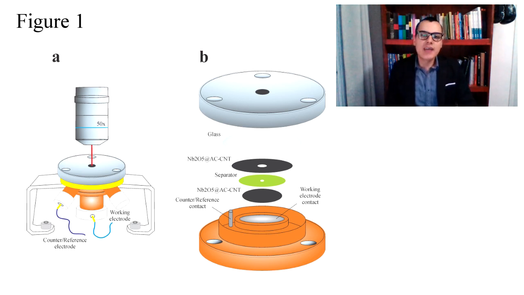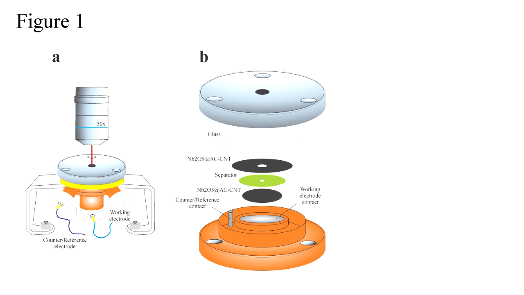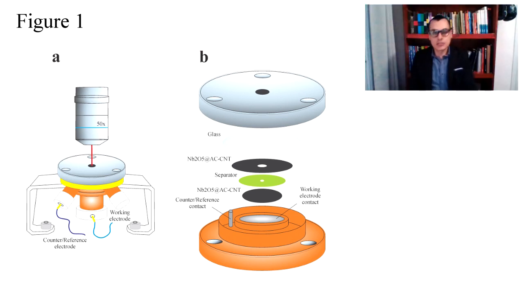The cell body was surrounded by an O-ring sealing to prevent leakage. And finally, a glass window was placed over the ring at the top of the cell, and a stainless steel cell cap was bolted onto the cell body to completely seal and prevent evaporation of the electrolyte.